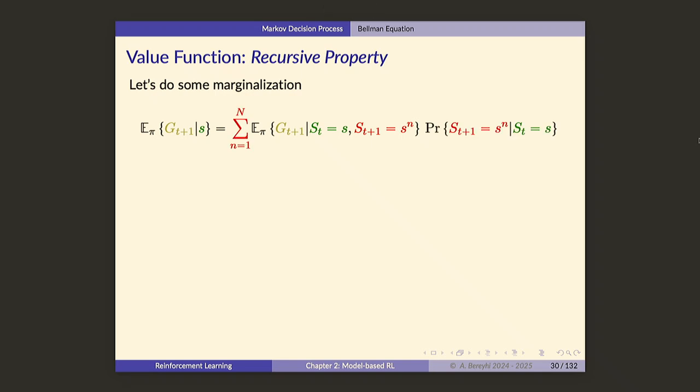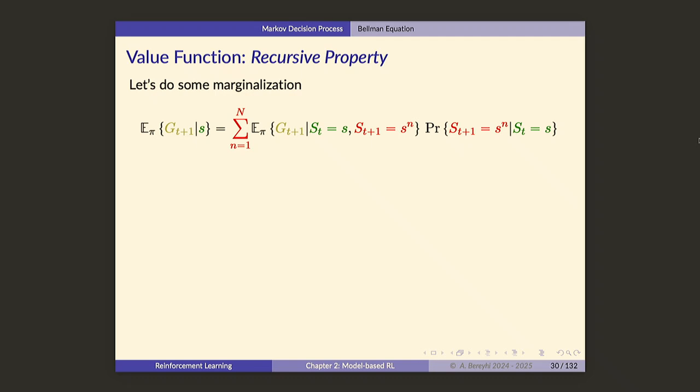Everybody agrees? Everybody's cool? So I would say the probability that I get from state s at time t to a state Sn in the next time step, I multiply it by the corresponding expectation, and then I sum it up over all possible states, right? So I am in one particular green state. I would say that the chance to go to one state is this, to another state is that, and so on.